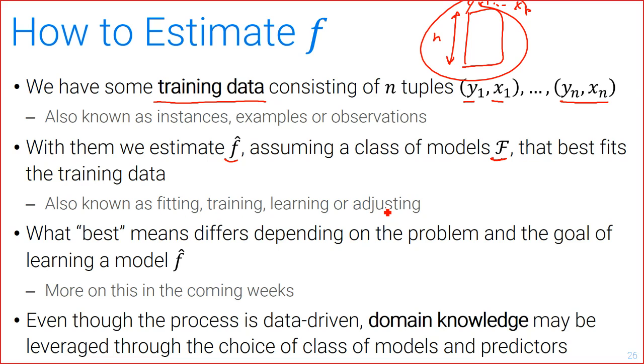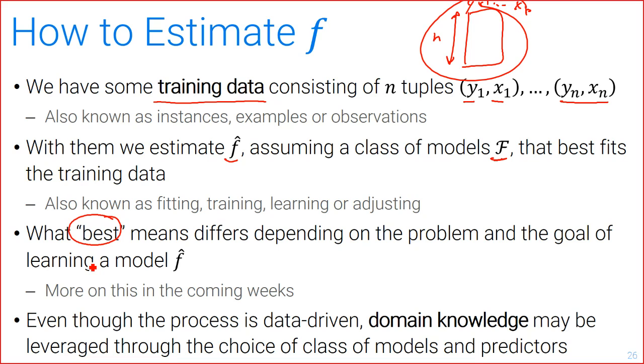There are different names for it. And the point is, what do we mean by best? So what is the criterion specifically that we follow in order to determine that one is the best model given the training data? It depends on the specific problem. It depends on whether you do regression or classification. We're going to talk about it in the coming weeks. But let's assume there is a certain way of choosing the best out of multiple options.